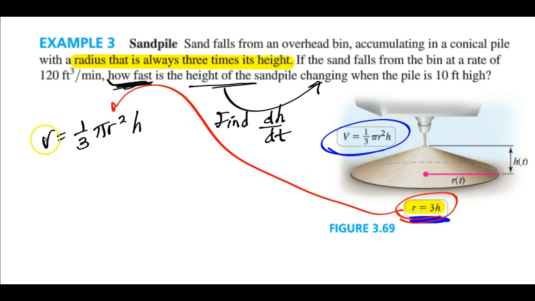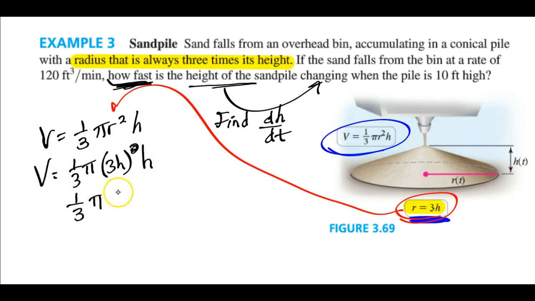The radius is 3h, so I wonder if I could clean this up a little bit and just say 3h, then everything is in terms of h. So 1/3 pi times, let's see, that's 9h squared times h. So I finally get down to the volume is really equal to 3 pi h cubed. Cleans it up a little bit.